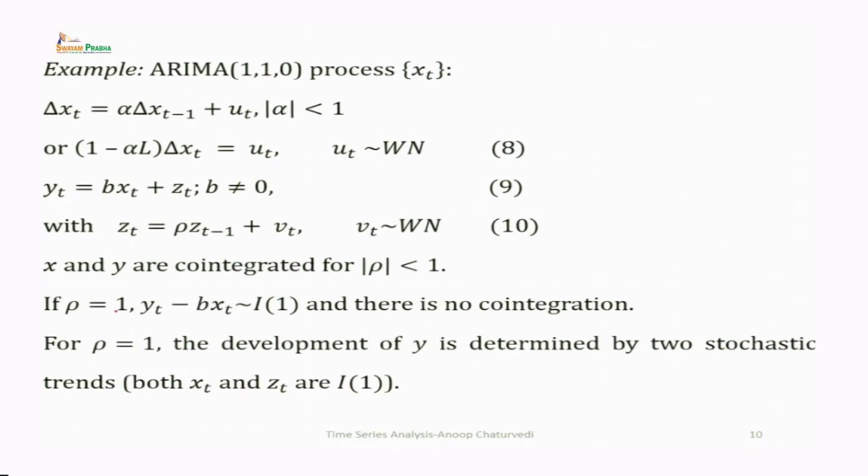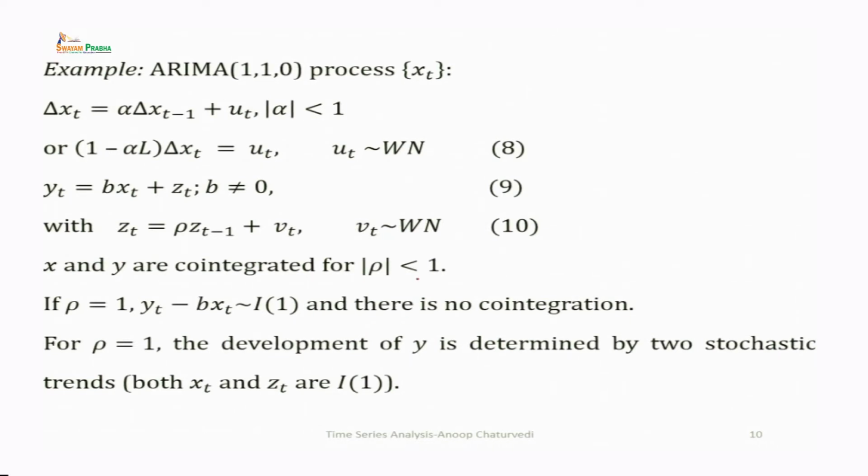Now, suppose rho is equal to 1, then y t minus b x t is equal to z t, and since rho is equal to 1, z t is an I(1) process. So, this follows an I(1) process and there is no co-integration.